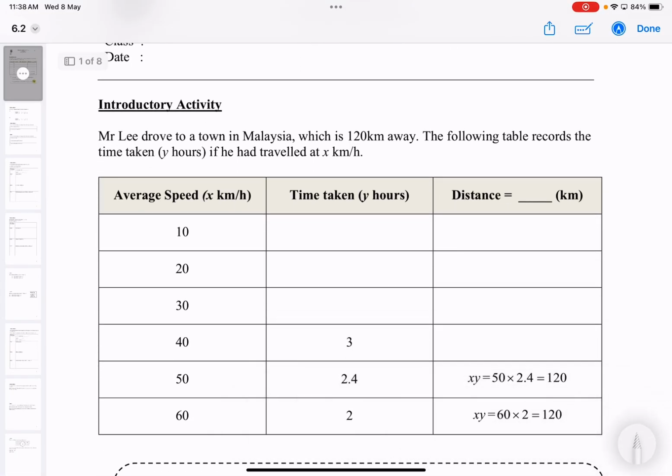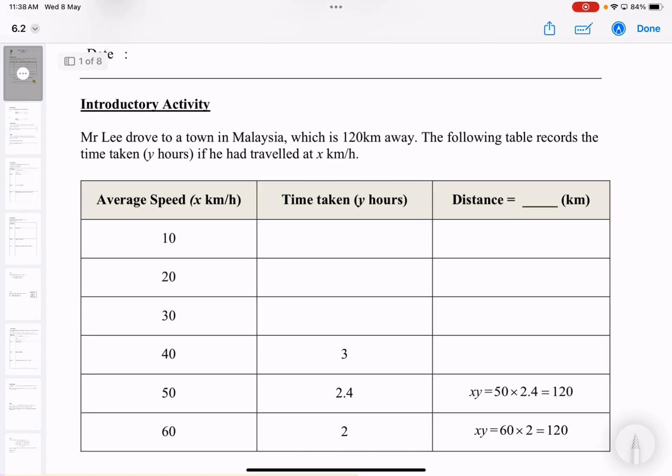Yesterday we went through direct proportion. I told you guys that direct proportion is not just when one quantity increases, the other quantity increases as well, right? They must both increase in the same proportion. I gave you the example of Daryl working at McDonald's.